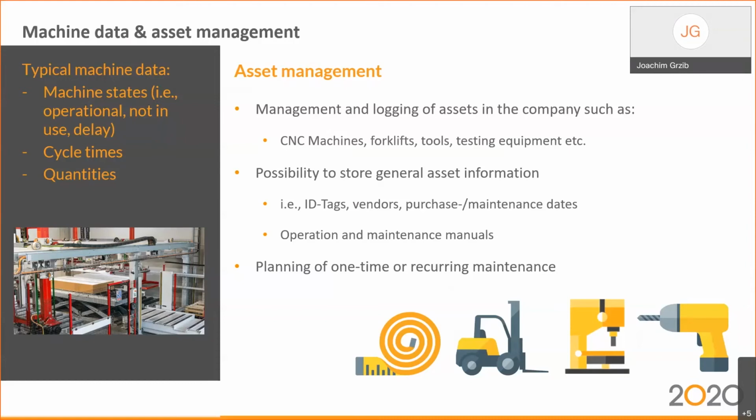So information about the machine, when you purchase this machine, when a service is necessary, everything from this side you can store. But also, the asset management module has its own workflow.